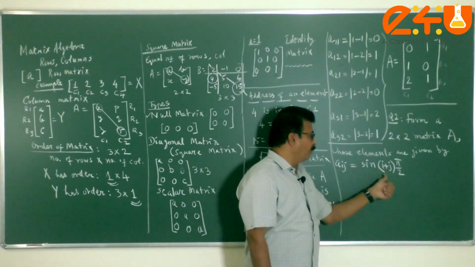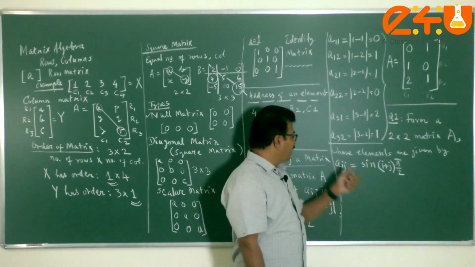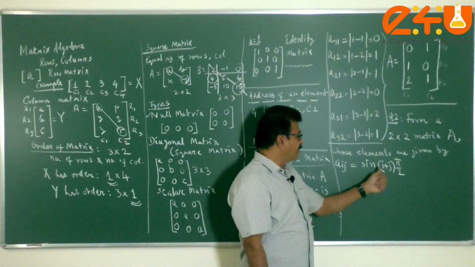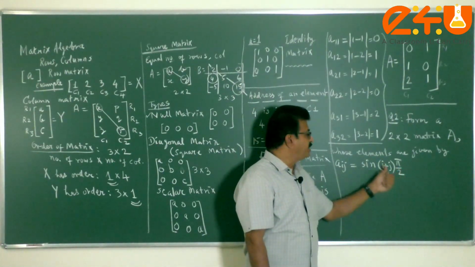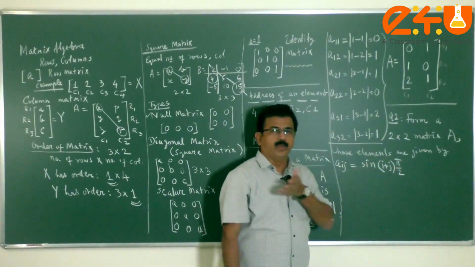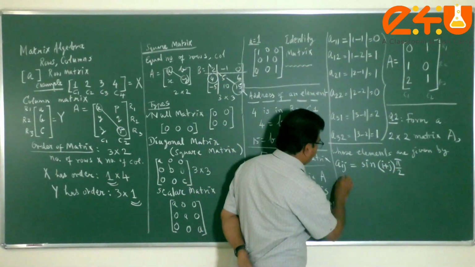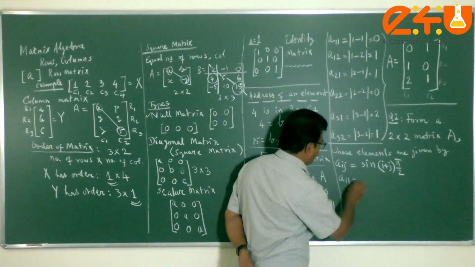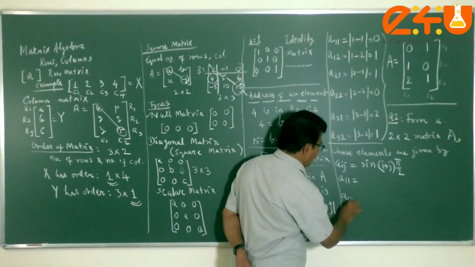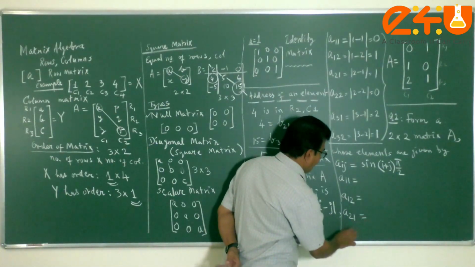So it's going to be 1 plus 1, 2 times pi by 2. When I say A12, you are going to substitute 1 plus 2, which means 3 pi by 2. Sine value you are going to produce. So let us see how you are going to make up A11, A12, A21 and A22.